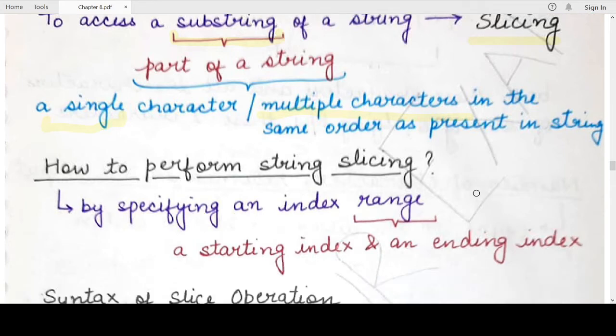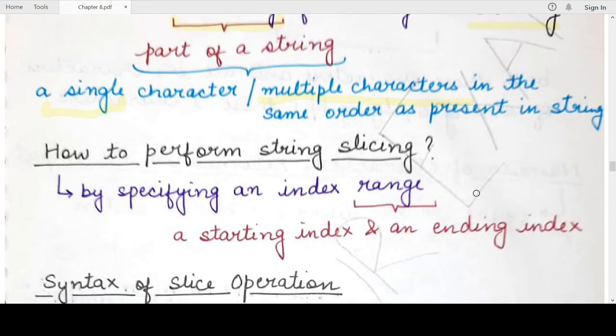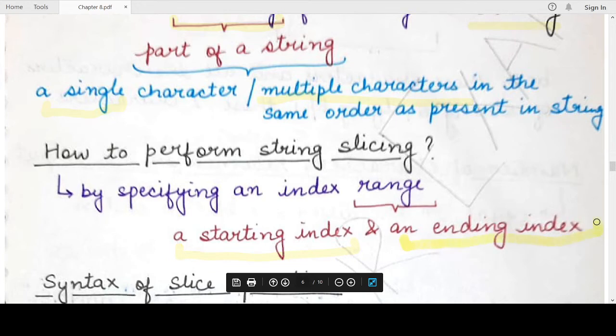Now how will you perform string slicing in Python? To perform string slicing and to extract a part of the string starting from a starting index going till the ending index, you need a range of index values. So you'll have to specify a starting index value and an ending index value.